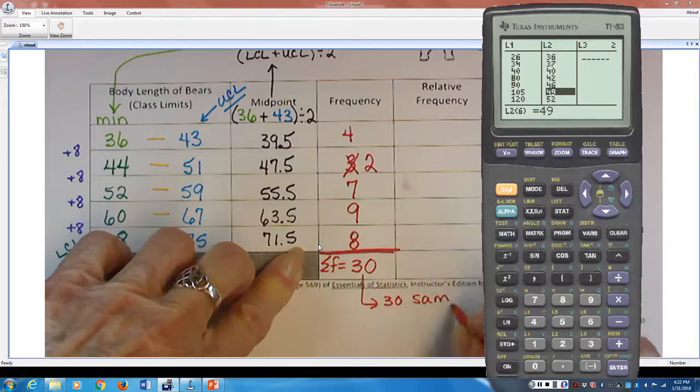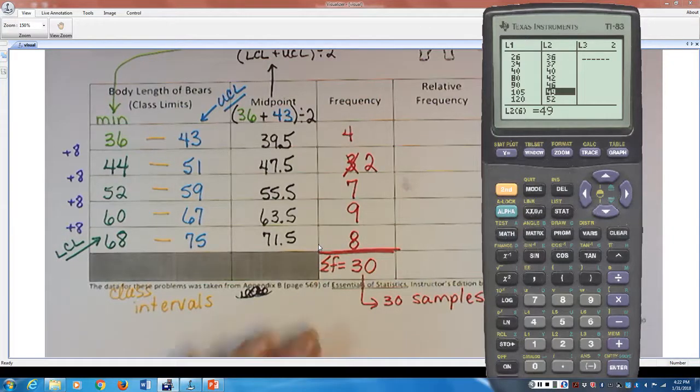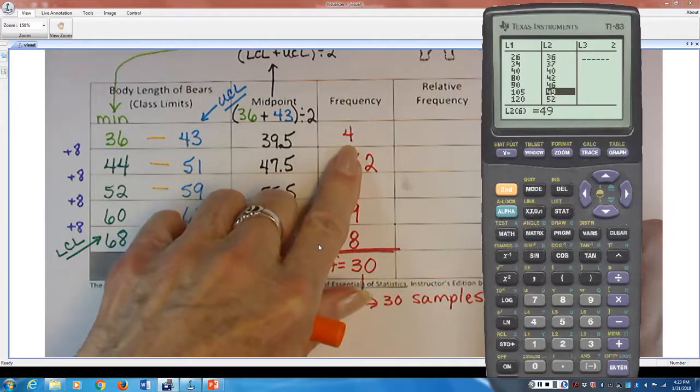Cumulative frequency, if you want to. Well, we can go ahead and do cumulative at this point, because the way we're going to do cumulative is we start out with the first class. Cumulative frequency is just 4, because we've only got one class.